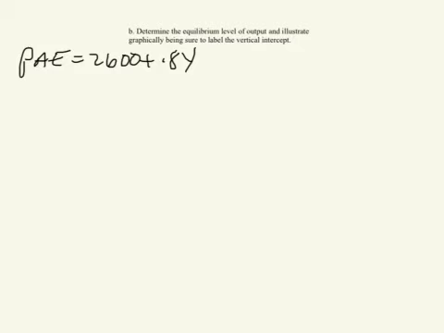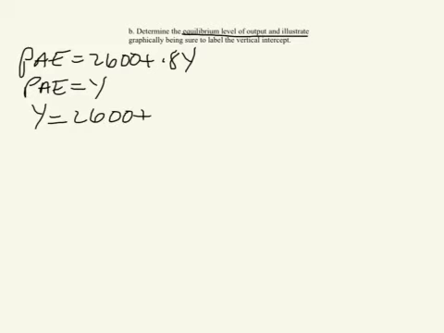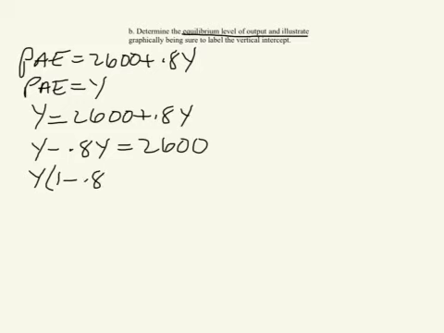Now, you're asked to find again the equilibrium, and then you're going to graph it. So we know that in equilibrium, spending and income are the same. So y is equal to 2,600 plus 0.8y. Now I'm going to combine those y's because I'm trying to solve for y. y minus 0.8y is equal to 2,600. I'm going to factor this out. y times (1 minus 0.8) equals 2,600.